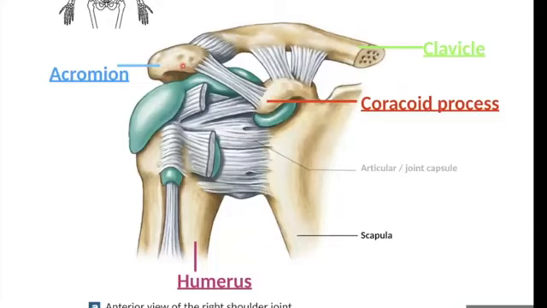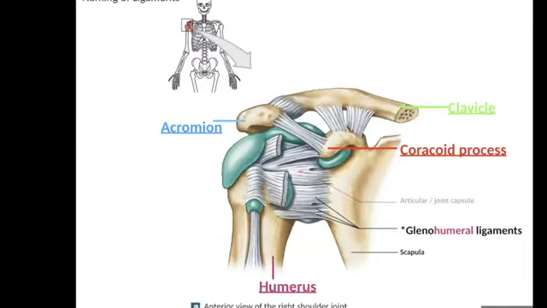This is called your acromion process, and here's your clavicle right here. So when we get into the naming of ligaments, knowing these names is crucial, right? It's also important to know that right under here where the humeral head fits in is called the glenoid fossa. This region right here, and this is your humerus.